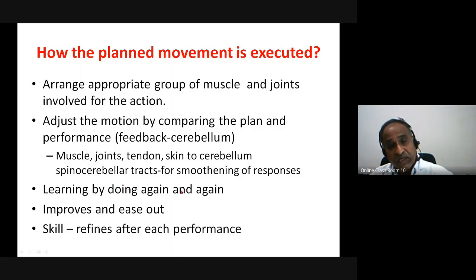Learning by doing again and again: if you keep doing it again and again, you will refine and become skillful, and your performance will be better day after day.